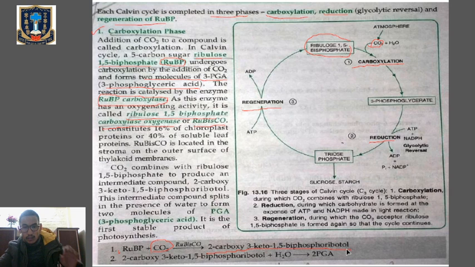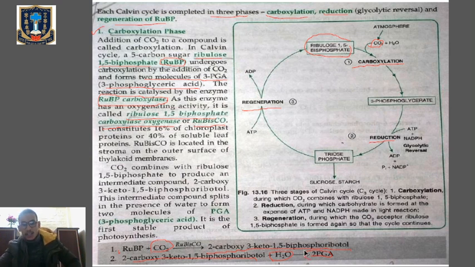Now this intermediate compound will split in the presence of a water molecule to form 2 molecules of phosphoglyceric acid, which is the first product of carbon dioxide fixation in the C3 cycle.